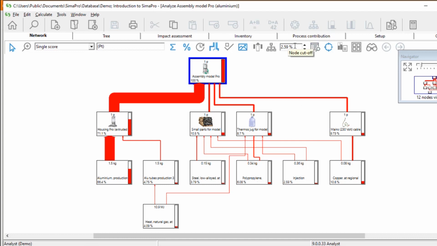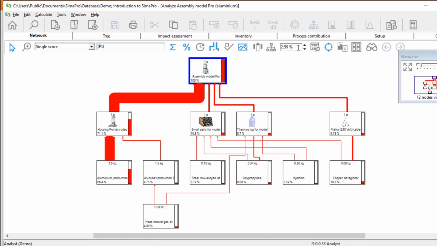This 2.59 means those with an environmental burden of less than 2.59%, those nodes will not appear here. So that means 2.59 is the least amount of environmental burden from the processes and products shown here.